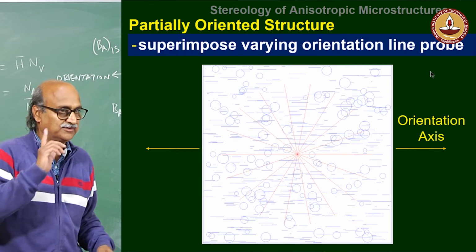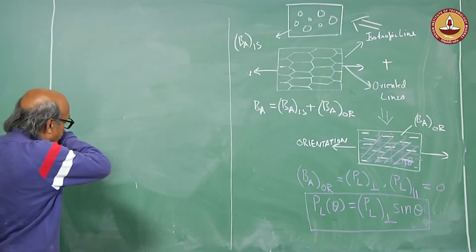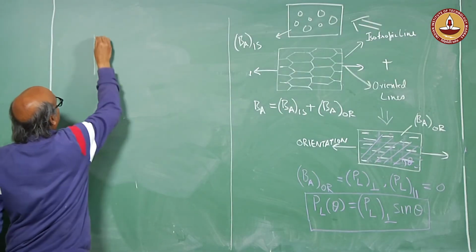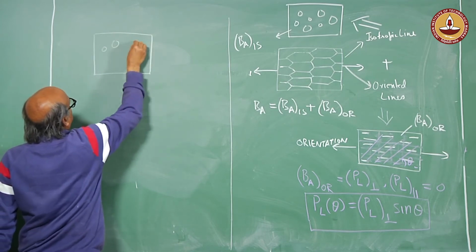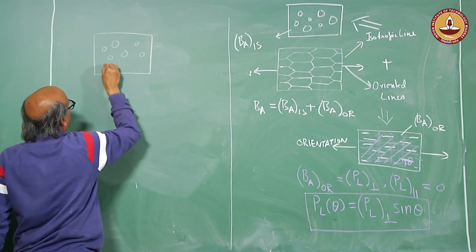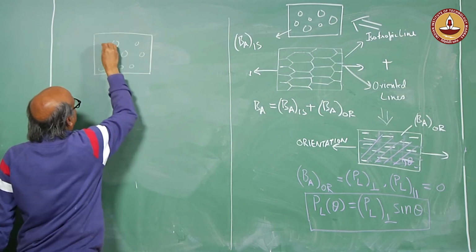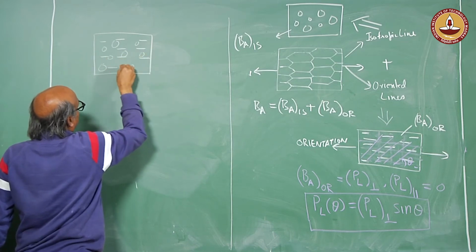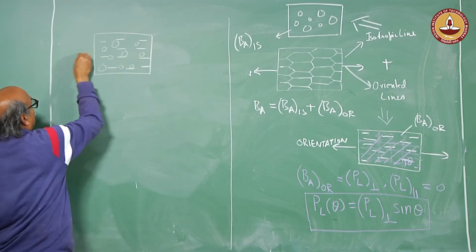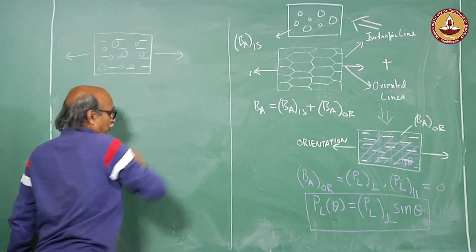But before I even see it in Excel, let us try to understand that I have a structure where there are isotropic lines and there are oriented lines.